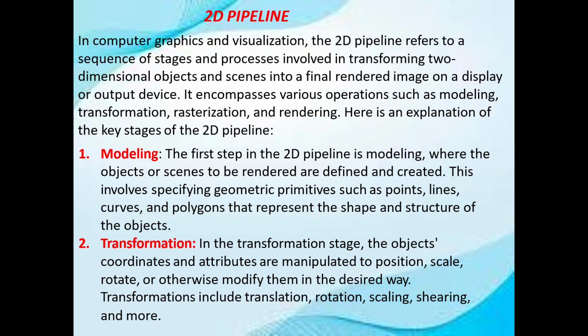Second one, transformation. In the transformation stage, the objects' coordinates and attributes are manipulated to position, scale, rotate, and otherwise modify them in the desired way. Transformation includes translation, rotation, scaling, shearing, and more.